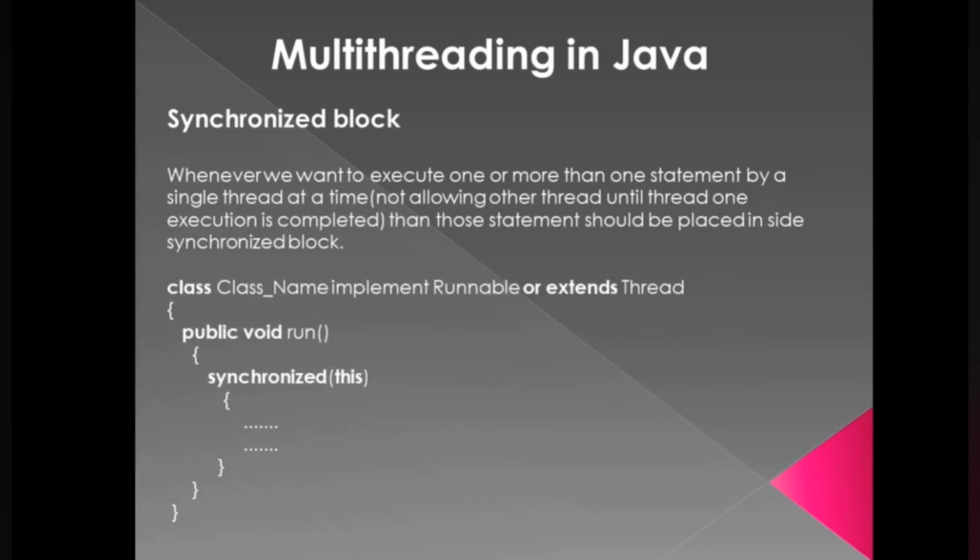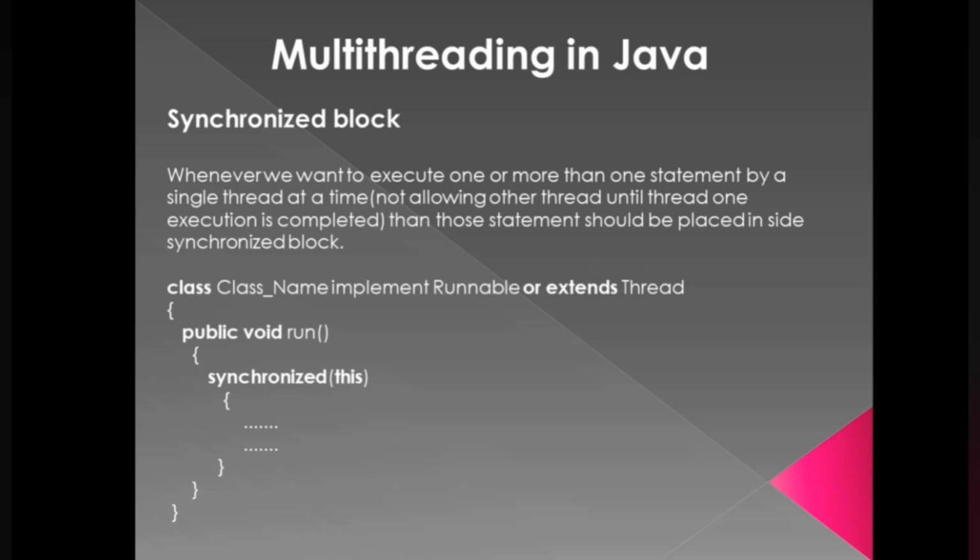Let's first discuss the synchronized block. Whenever we want to execute one or more statements by a single thread at a time, that means not allowing other threads until thread 1's execution is completed, then those statements should be placed inside a synchronized block.